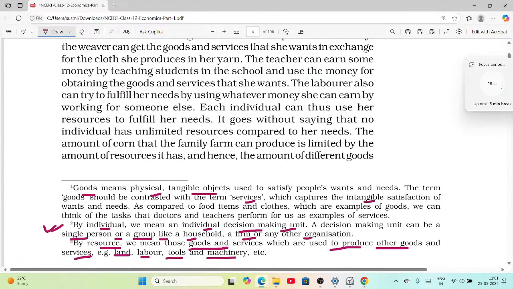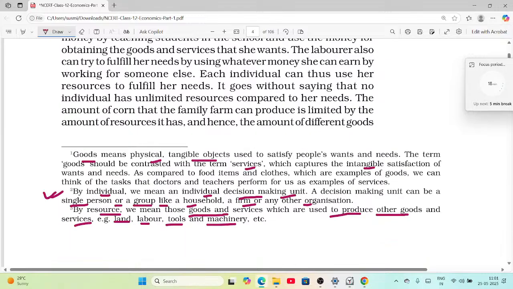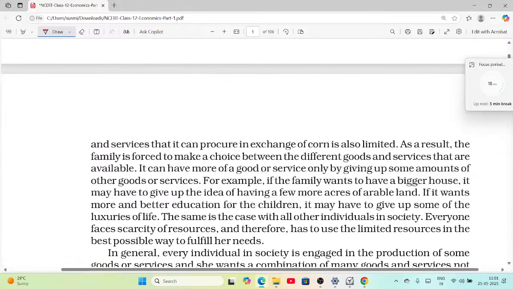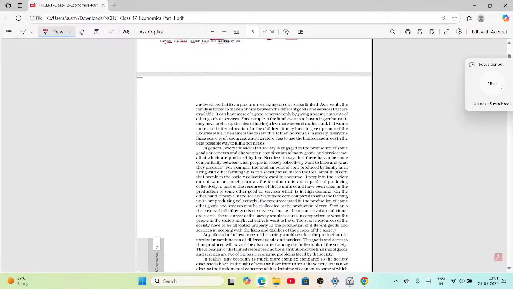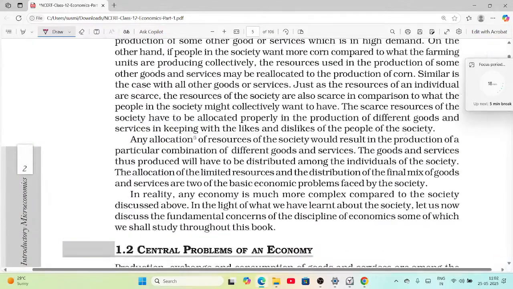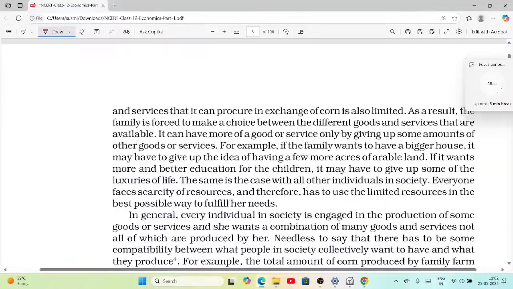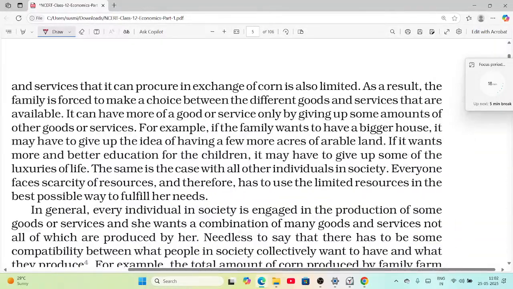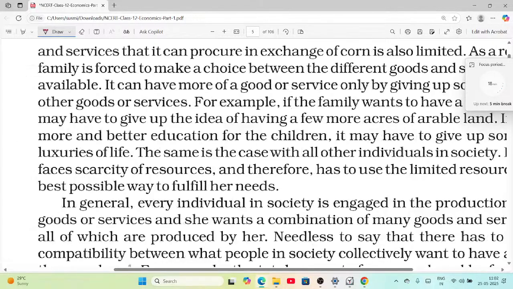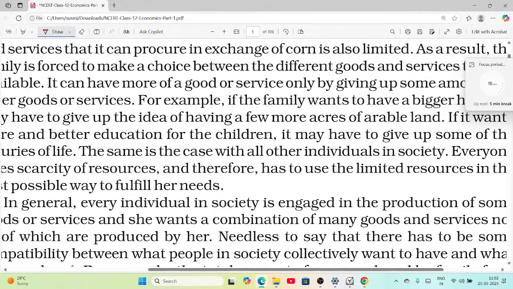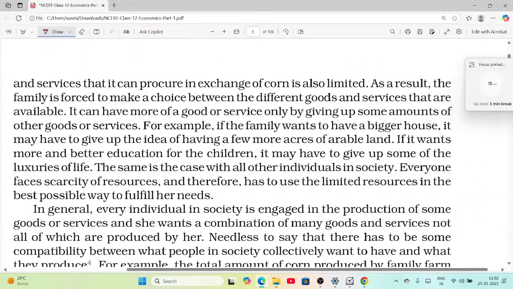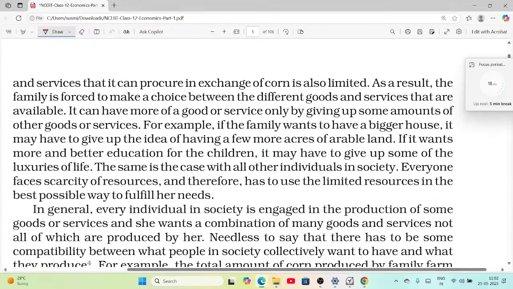Continuing from here, the amount of corn that a family farm can produce is limited by the amount of resources it has, and hence the amount of different goods and services that it can procure in exchange for corn is also limited.